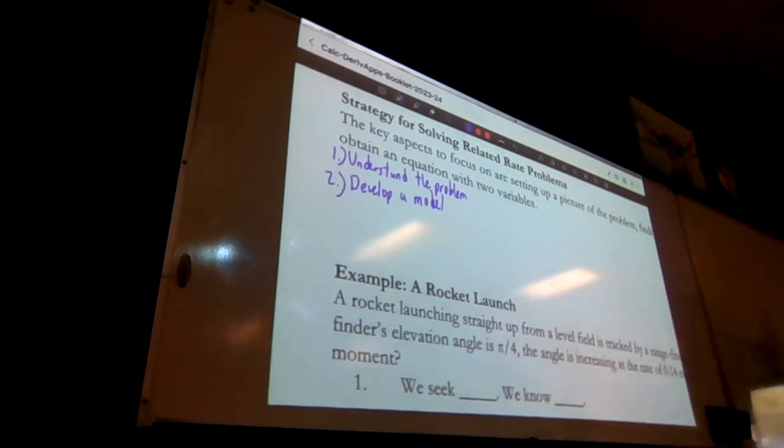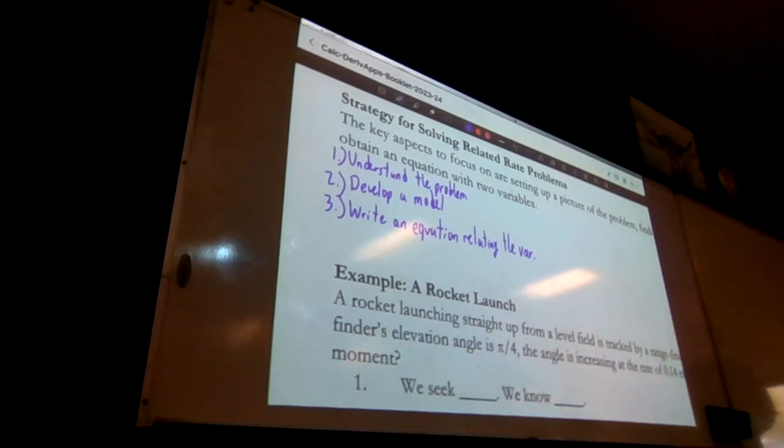Then you're going to write an equation relating the variables. Okay.